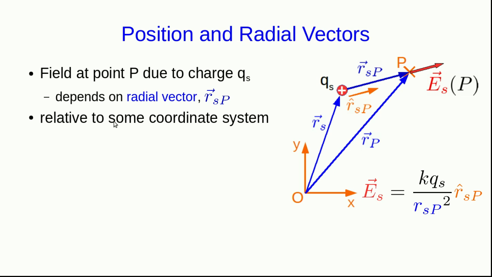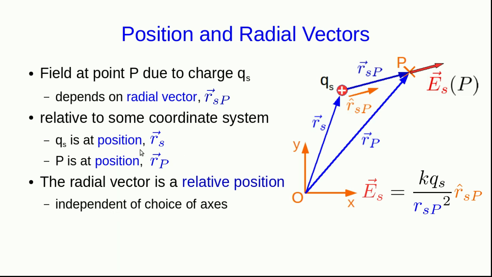Note that that comes from, in any coordinate system we wish to define, the position RS of our charge and the position RP of the point P where we wish to know the field. Those, of course, depend on our choice of coordinates, but the radial vector is a relative position.